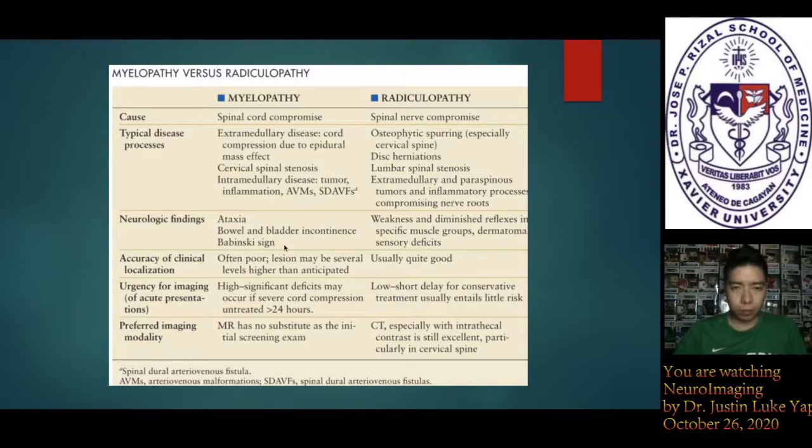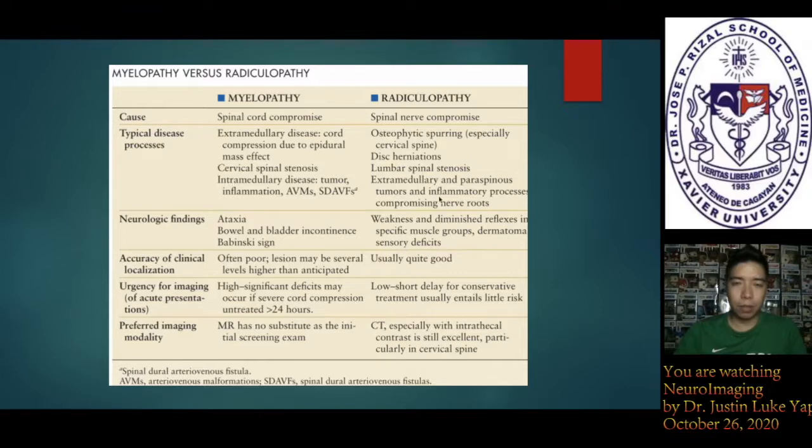So in terms of neurologic findings, in myelopathy, you'll have ataxia, incontinence, and Babinski sign. In radiculopathy, you might have weakness or diminished reflexes in specific muscle groups or dermatomal sensory deficits.